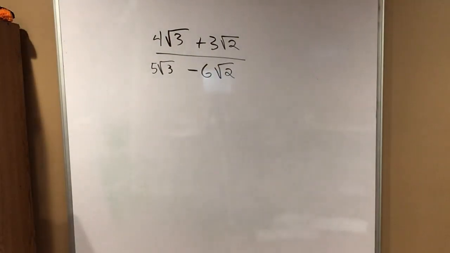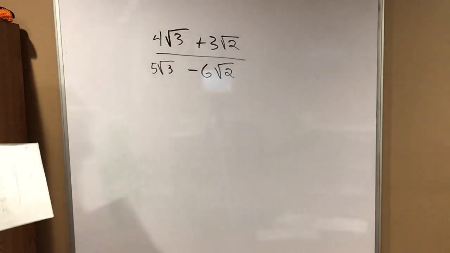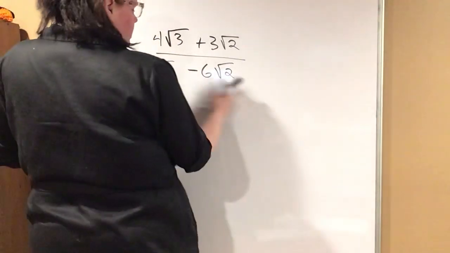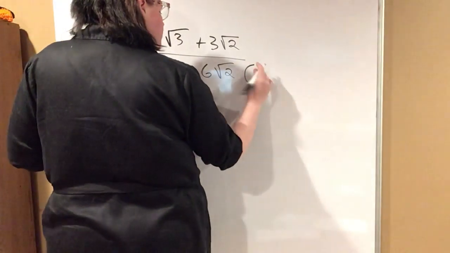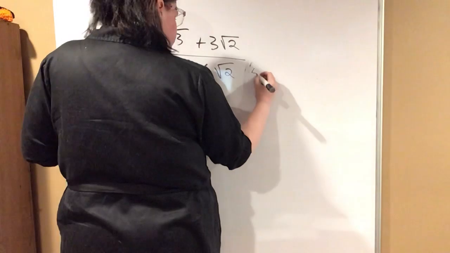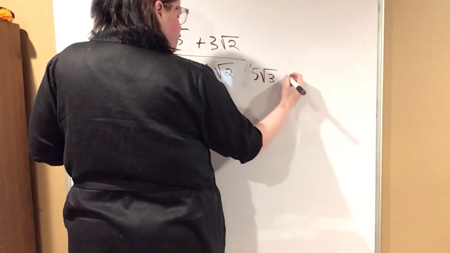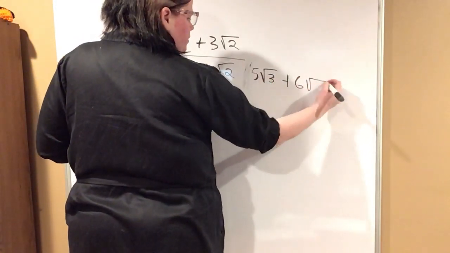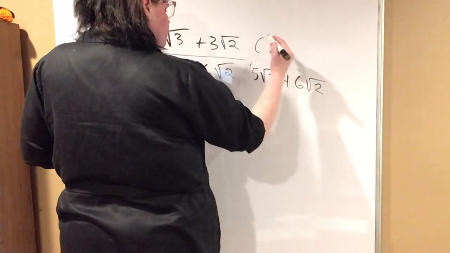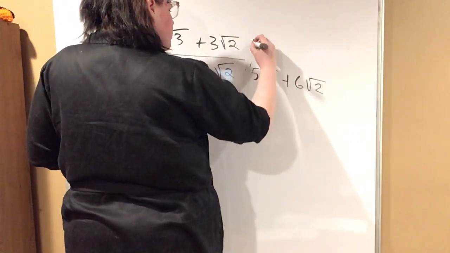Okay, so if we're given that, we need to make sure we're multiplying this by the opposite of it, which is 5 square roots of 3 plus 6 square roots of 2. Make sure you multiply the top by the same thing.